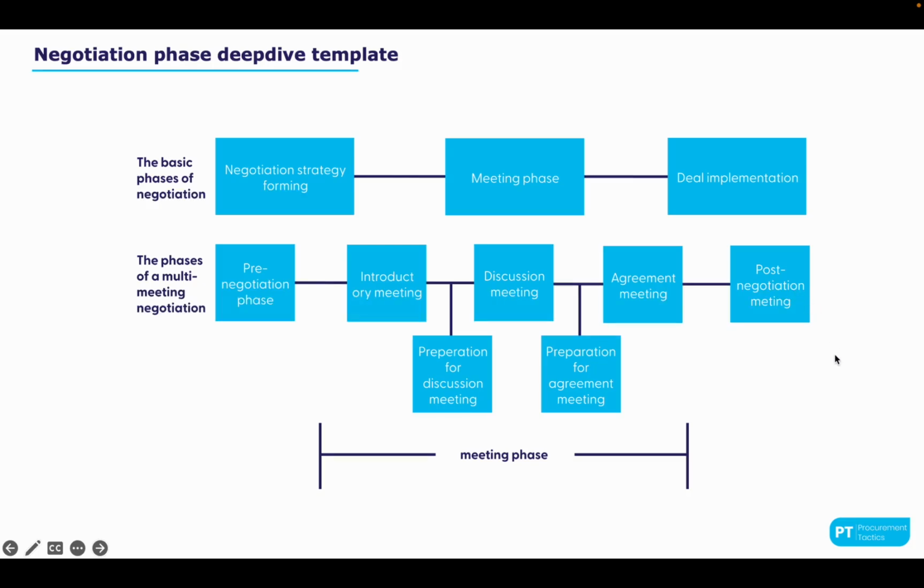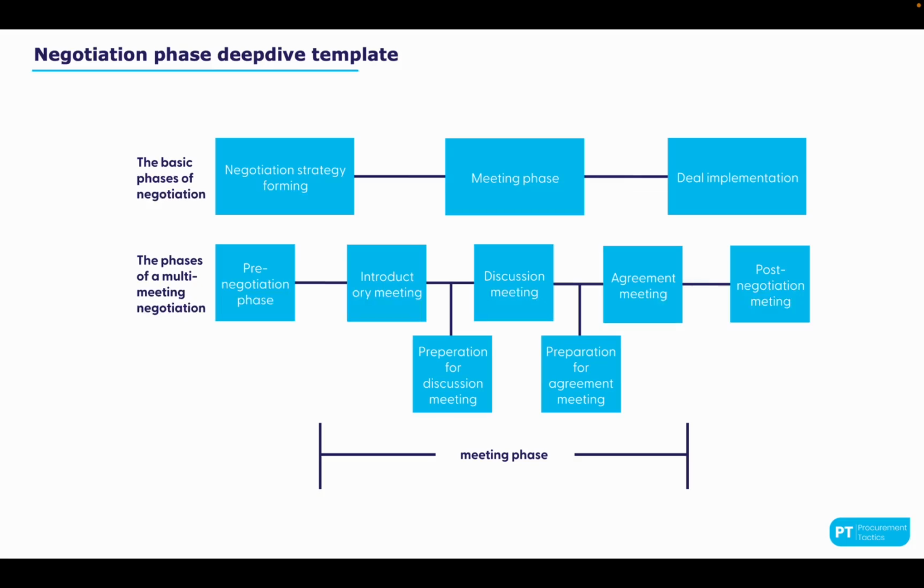In my time as a procurement manager, I tended to put 80% of my time in this part, in the negotiation strategy forming. I worked on all different kinds of analysis to know for sure where I could hit my negotiation opponent and how I could help them to achieve a deal outcome that was good for them, but also good for us.